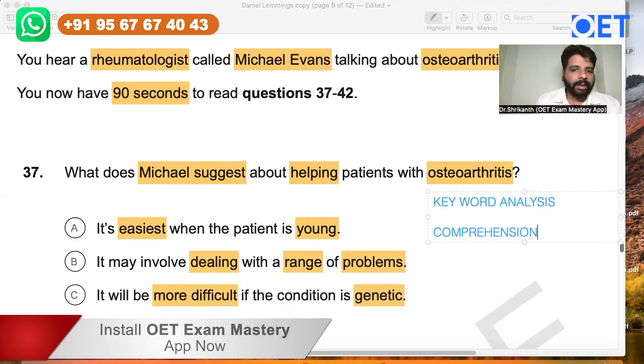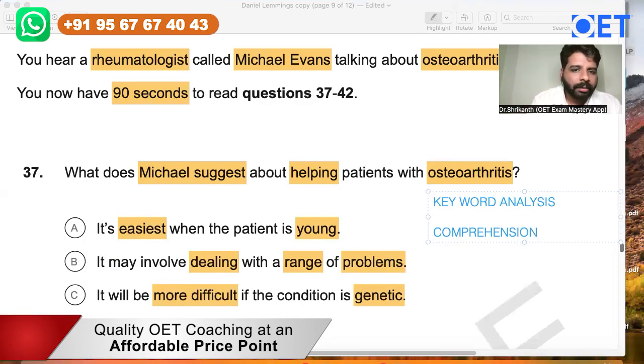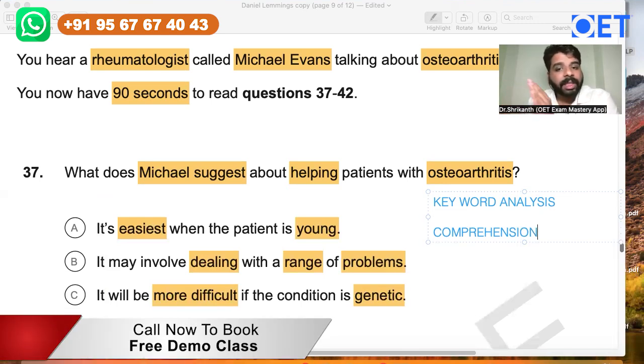Comprehension means understanding. And always remember, the OET is not giving you marks for understanding the audio. The OET is giving you marks for finding answers to the question. Okay, that is what your duty is. So understanding the question is even more important than understanding the audio. Let me repeat that.